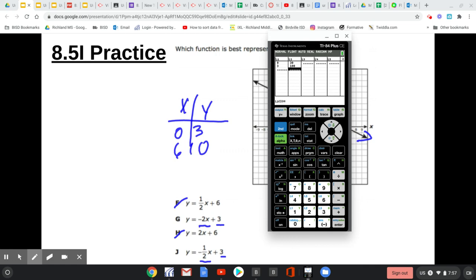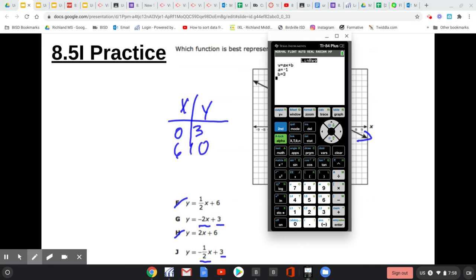I'm going to tab over, up. I'm going to put in 3, enter, and 0, enter. I'm going to hit stat, tab 4, enter all the way down, and I see my slope is -1. My slope is -1, and my y-intercept is 3.